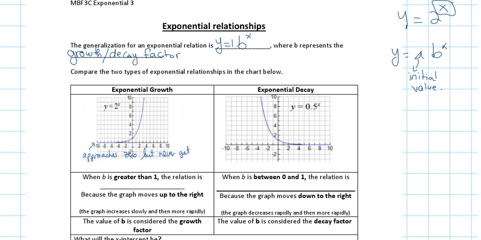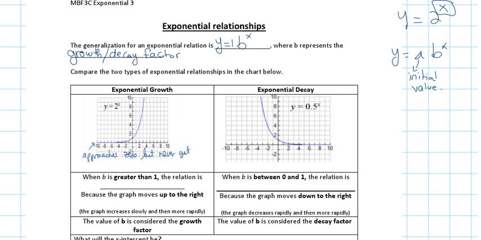In the example yesterday where the numbers were doubling, you were growing and the growth factor was 2. So your base was 2, and the growth factor was 2, when you had a piece of paper and you were folding it twice.